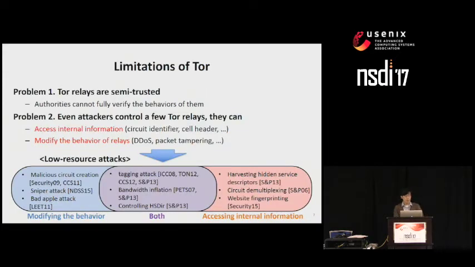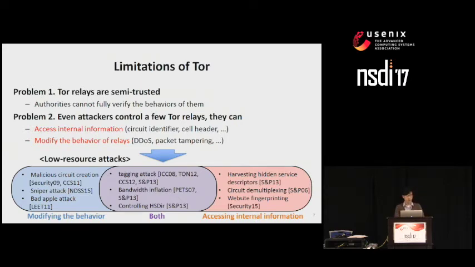The first problem is the lack of a fundamental trust bootstrapping mechanism. In the current model of Tor, Tor relays are semi-trusted by design. The directory authority cannot fully verify the behaviors of relays. In fact, many attacks are discovered and reported after the fact.